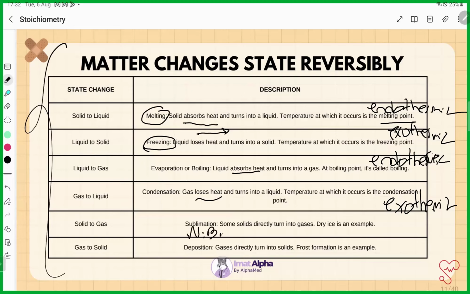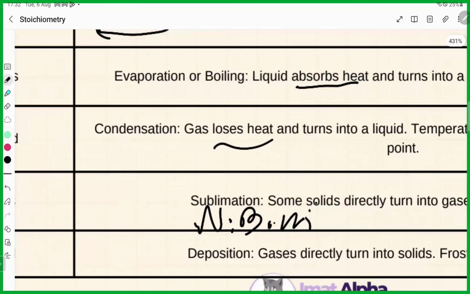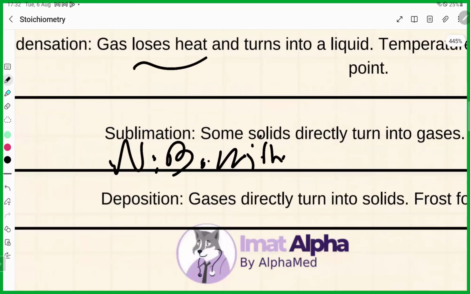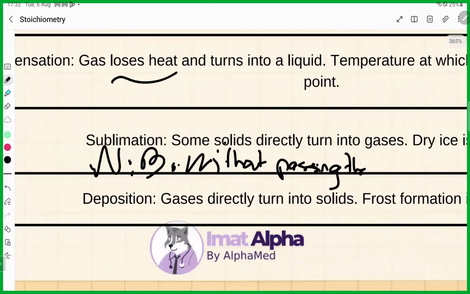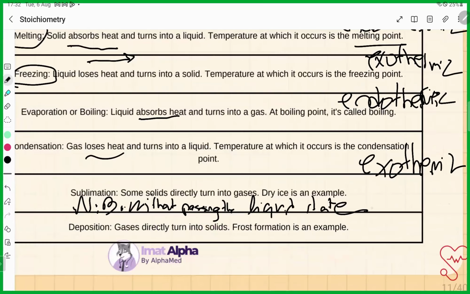Sublimation happens when the solid becomes a gas, but without passing through the liquid state.